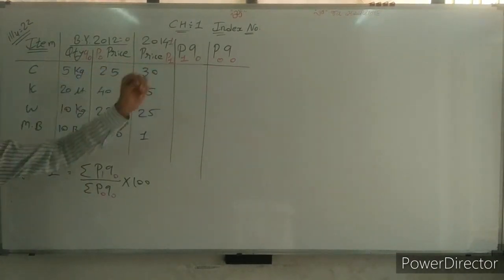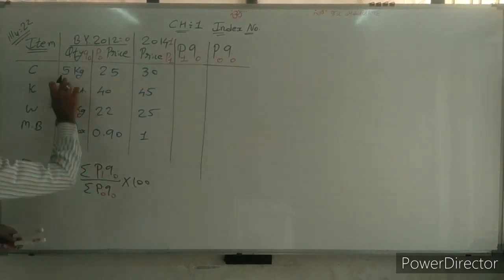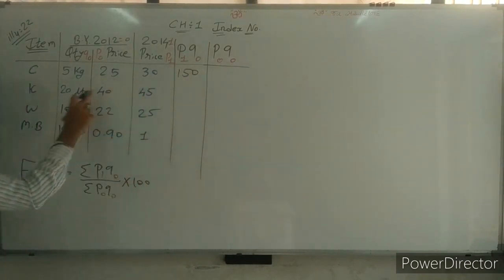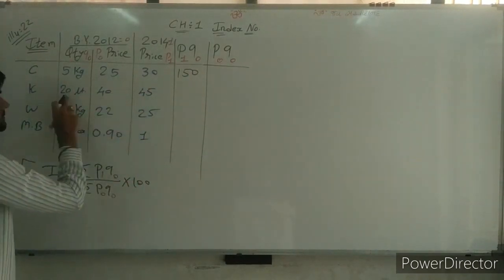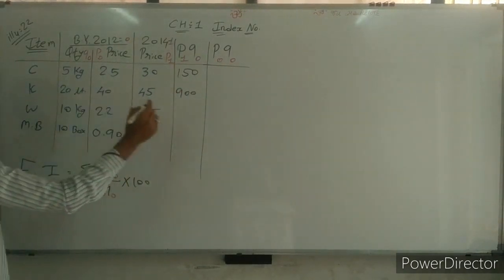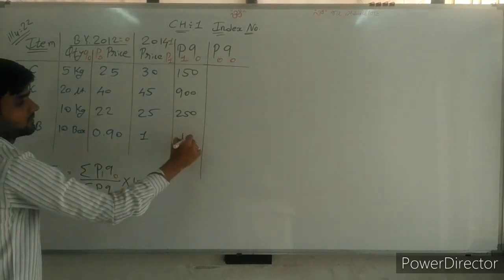Now going ahead. Calculation. So P1 30, Q0 5, 30 into 5. 5 3s are 15. 45 into 20. 900. 25 into 10. 250. 10 into 1. 10.